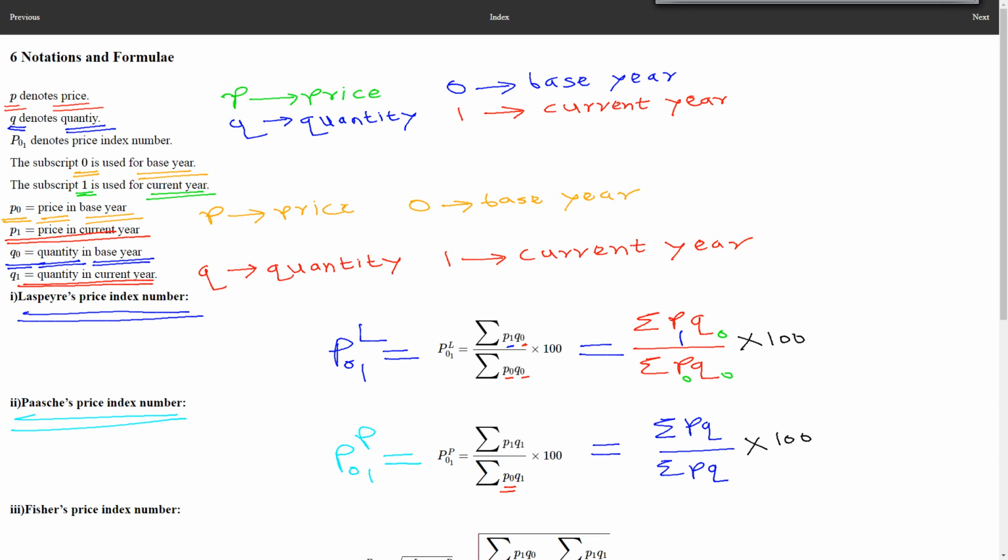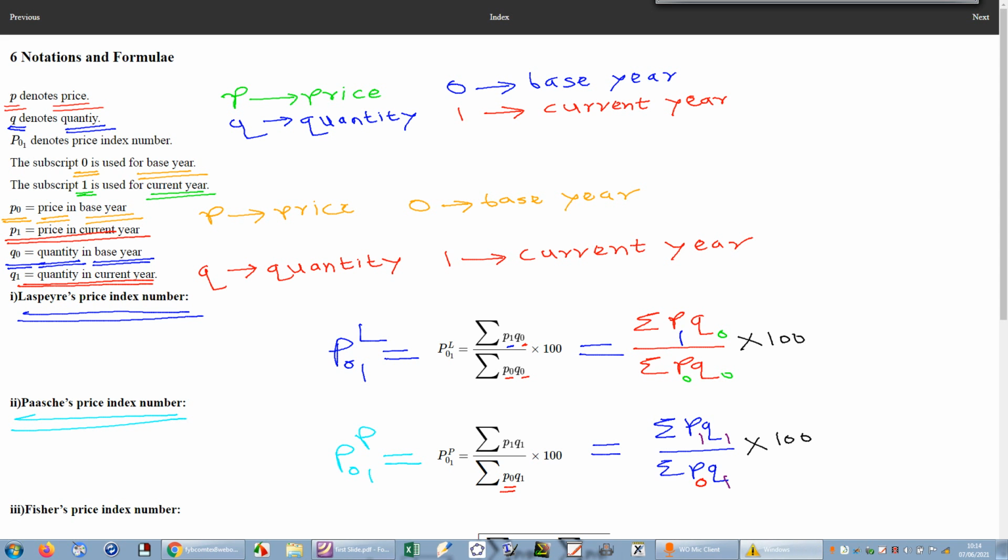Now write the subscript 0 only for price in the denominator, and all other subscripts are 1. So this is the formula for purchase price index number.